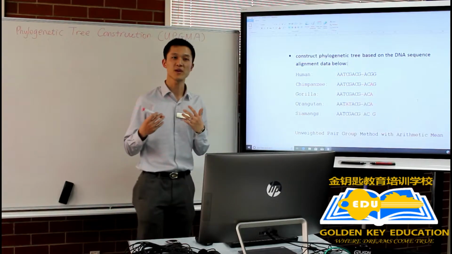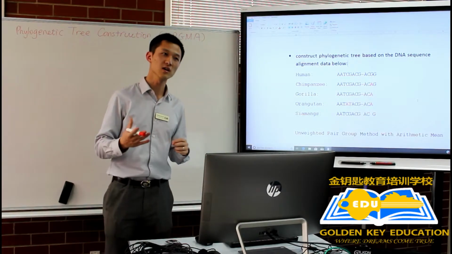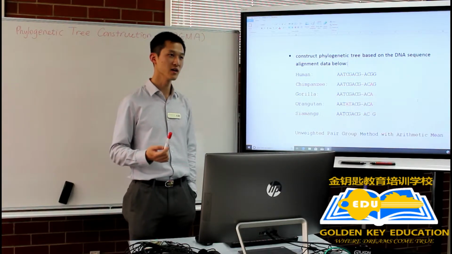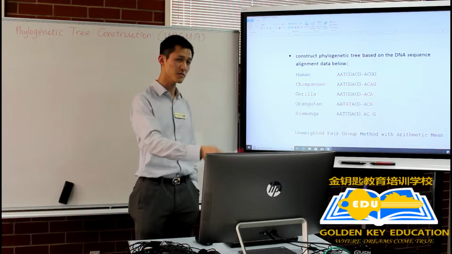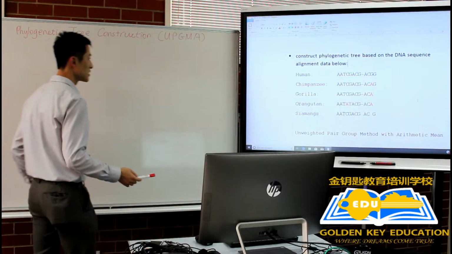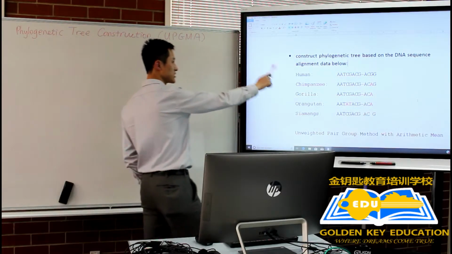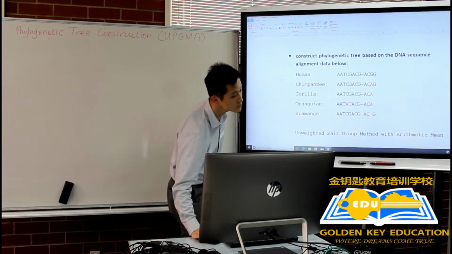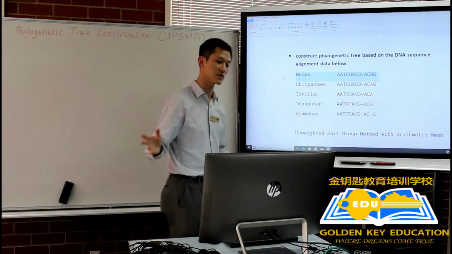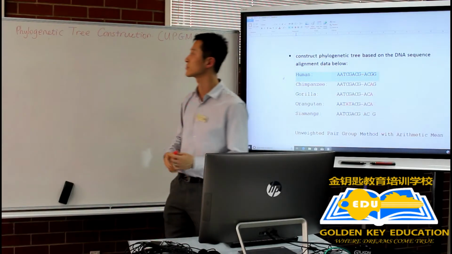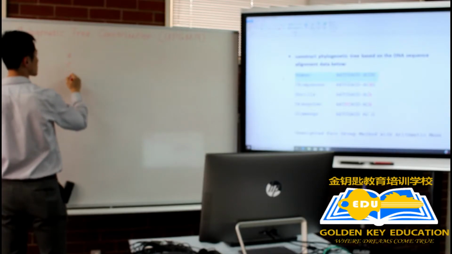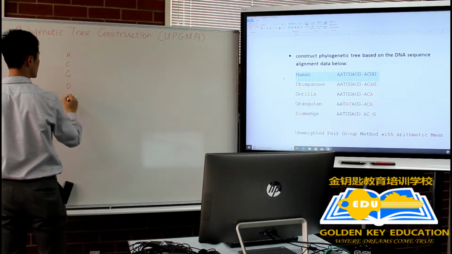These differences can be arbitrary, or they can be numerified from sequencing data. We're going to choose human as a starting point. It doesn't really matter which one you choose, but at least we need a starting point. So now we're looking at human, chimpanzee, gorilla, orangutan, and siamang.